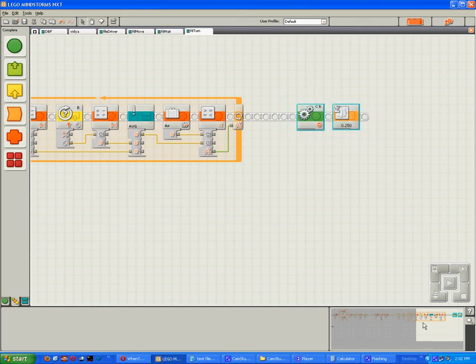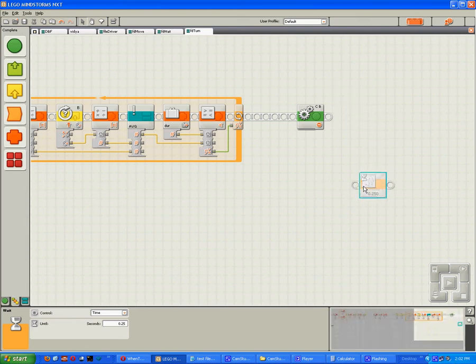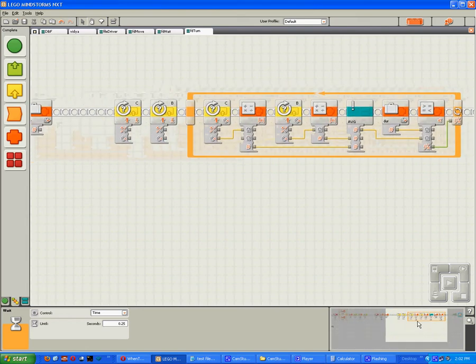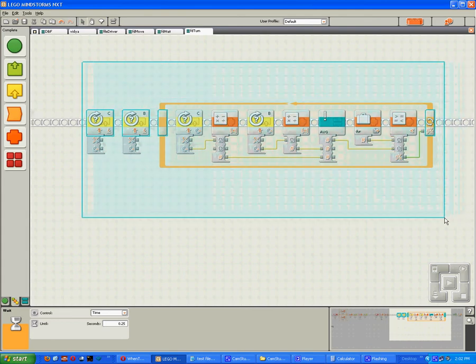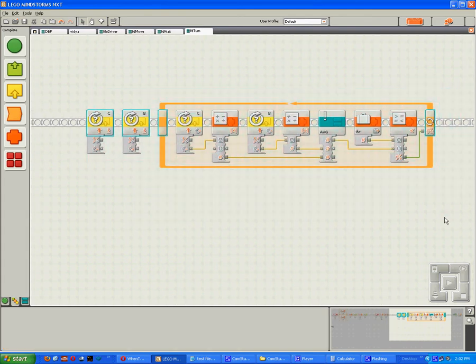Waiting for 0.2 seconds was too low, and waiting for 0.15 actually increased the amount of error somehow more than just not having a wait block at all. So I have to stall. I have to wait to kill some time.